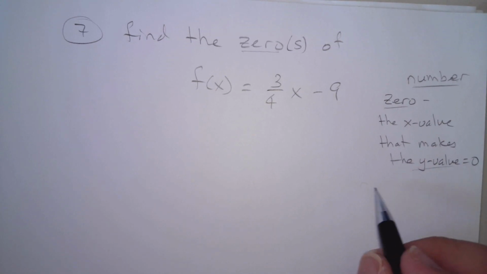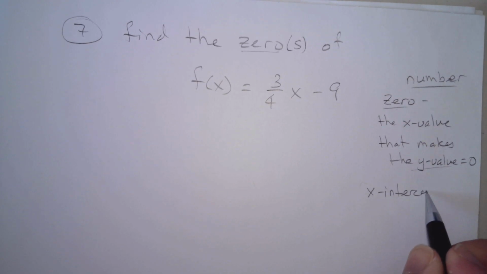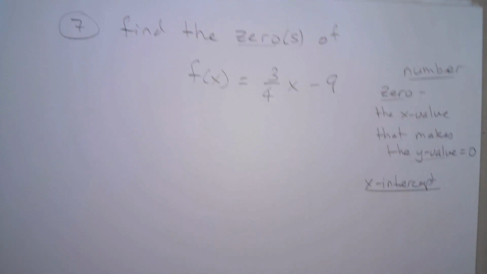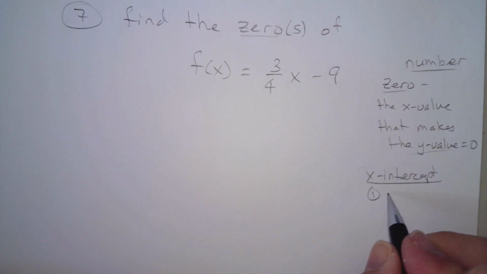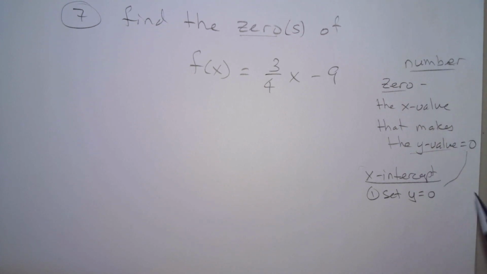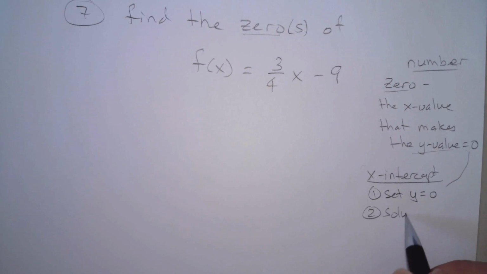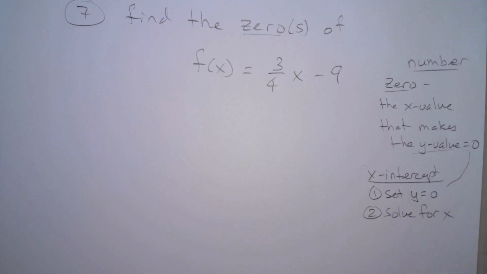It sounds a lot like the x-intercept. Remember, for the x-intercept, our first step was set y equal to 0, which is what that's dealing with. And then we solve for x.